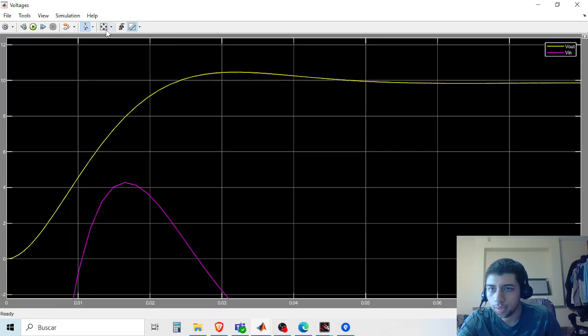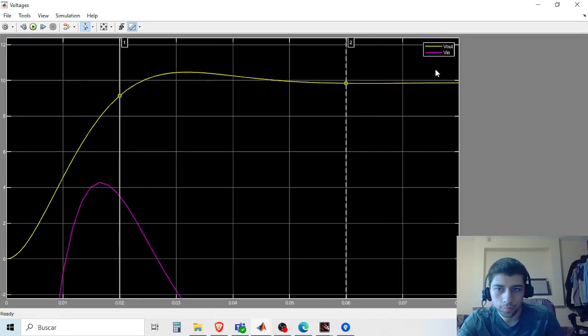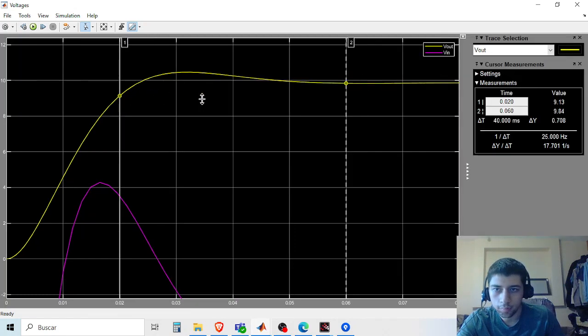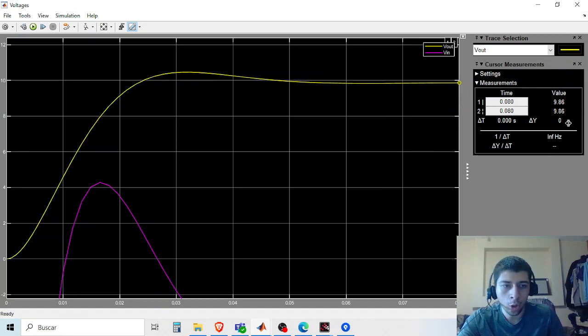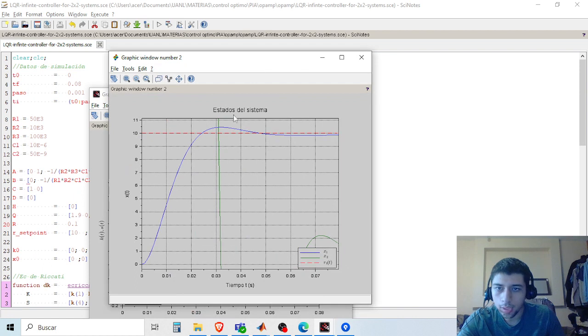So if I'm not wrong, I can click here, and so at steady state we have a constant output value of 9.86 volts, which is the same in our Scilab scripts.